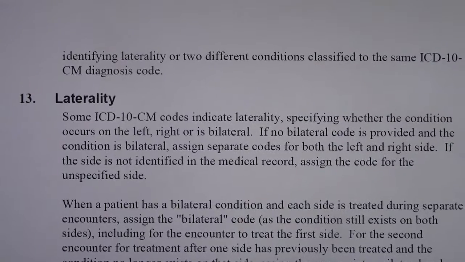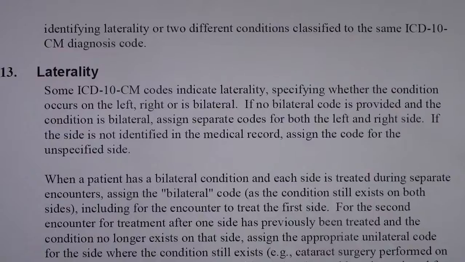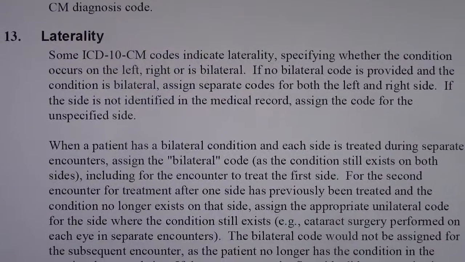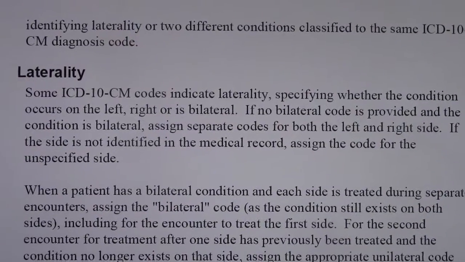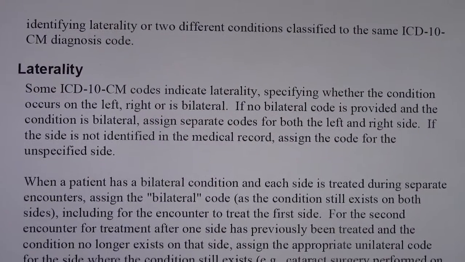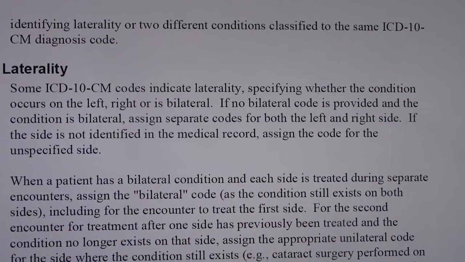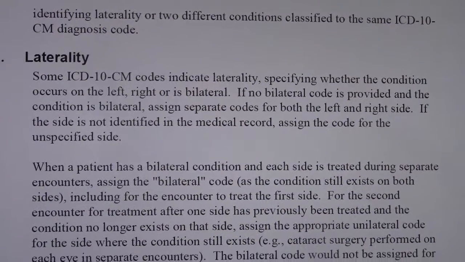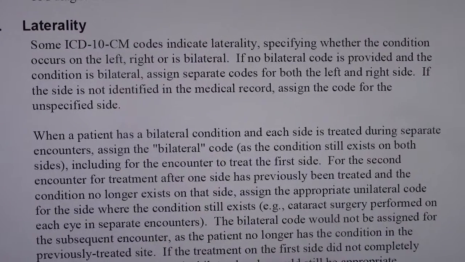13 talks about laterality. And when we're saying laterality, we're talking about sides of the body, okay? And it says, some ICD-10-CM codes indicate laterality, specifying whether the condition occurs on the left, right, or is bilateral. So think of a broken leg, and you're identifying the patient as having a right broken leg.